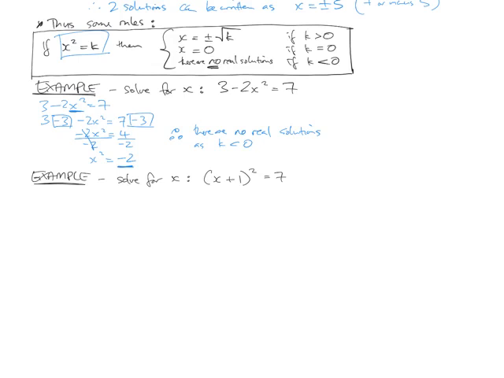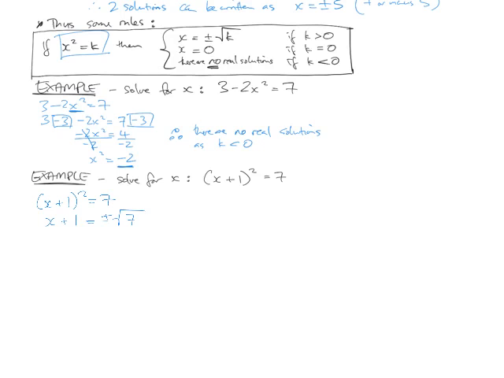So right now you have x plus 1 squared is equal to 7. Alright, the opposite of squaring something is the square root, so x plus 1 is going to be plus or minus the square root of 7.